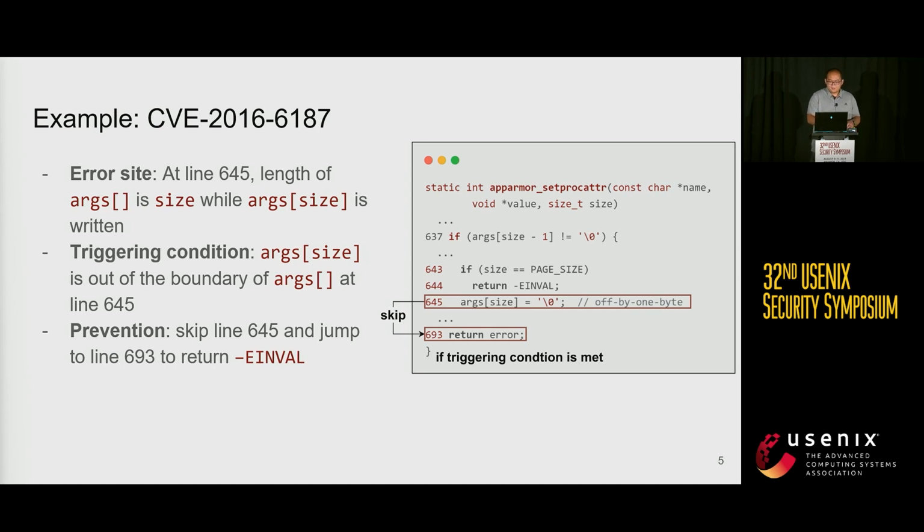PAD generates a BPF program to check if there is an overflow at the error site. If the triggering condition is met, the BPF program helps the kernel skip line 645 and jump to line 693, returning an error code. This makes the kernel believe that the function has failed, and execute the error handlers in the call stack until it returns to the system call.